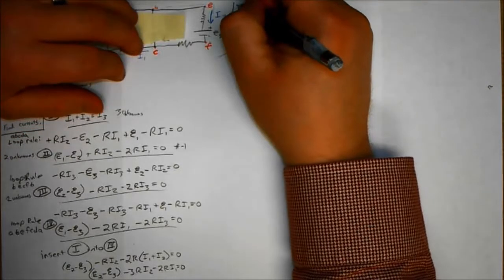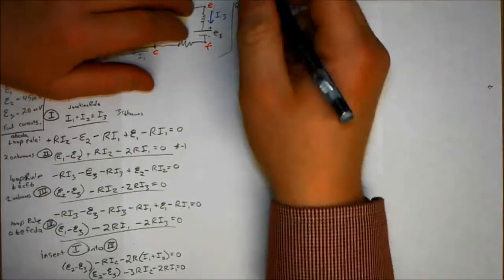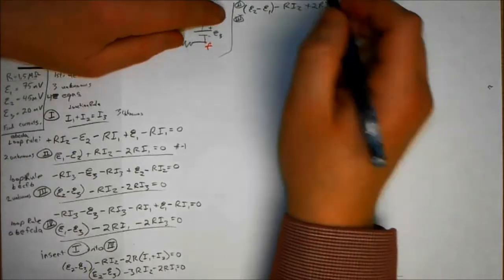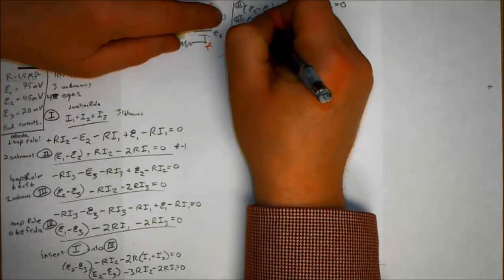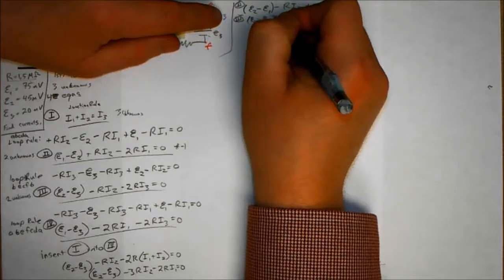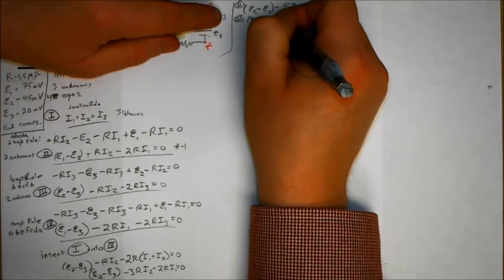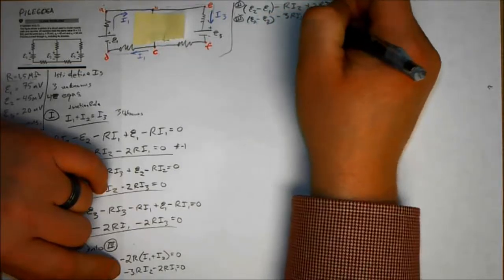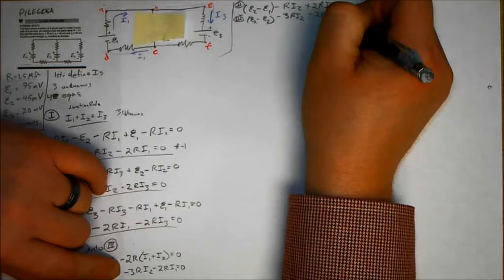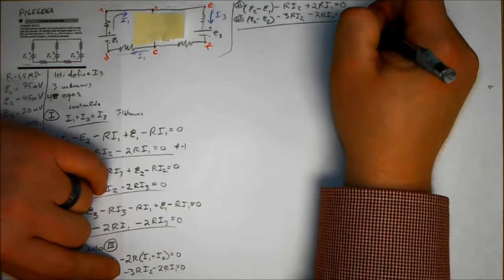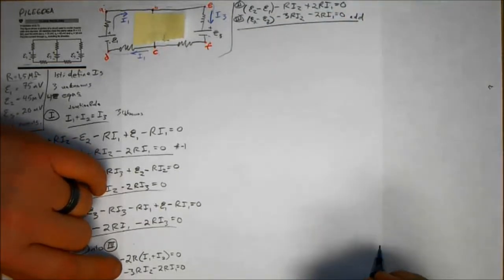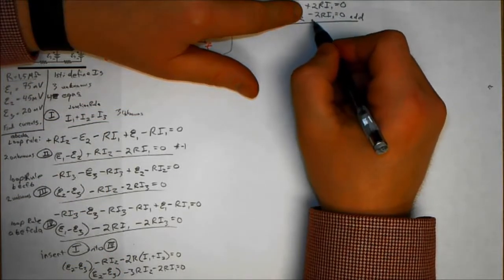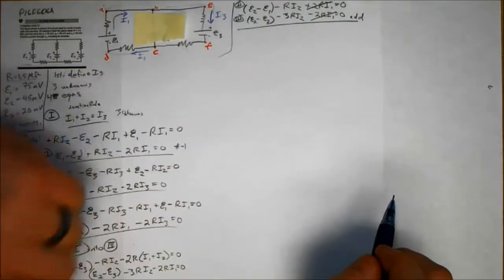This is equation 2. And equation 3, the altered form of equation 3 with equation 1 put into it, is E2 minus E3 minus 3RI2 minus 2RI1 equals 0. Now I can add. When I add these two terms together, 2RI1 minus 2RI1, they subtract out.